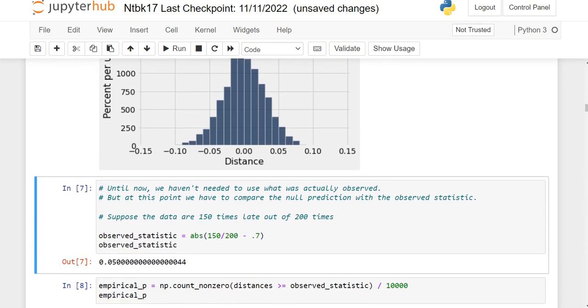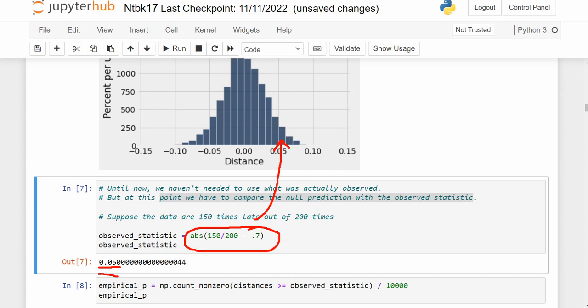And then the question is, well, we haven't really looked at what happened with this observed statistic, right? The observation was that the bus appeared about 75% of the time to be late. And so the difference between that and the 70% is about 5%, about a 0.05. But the question is, where does the 0.05 land in the histogram? That'll help us determine the p-value.